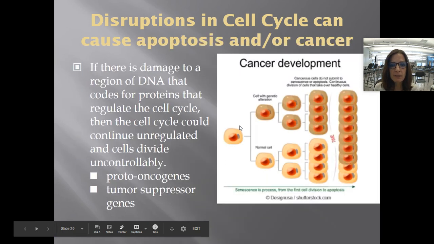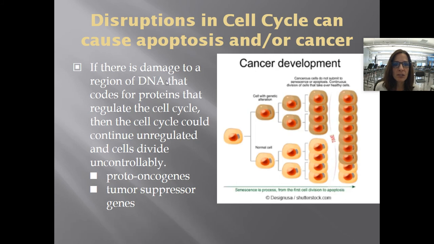So when cancer happens, if there's too much damage to DNA in regions that actually regulate the cell cycle, then the cell cycle could continue unregulated and have uncontrollable division. So some examples of checkpoint genes and proteins are called proto-oncogenes.